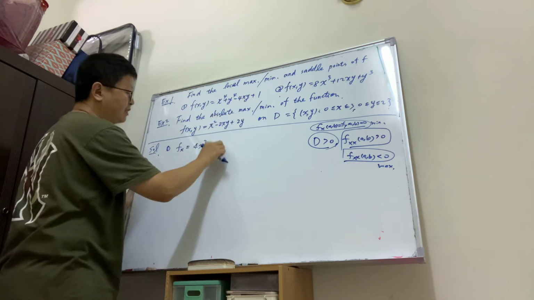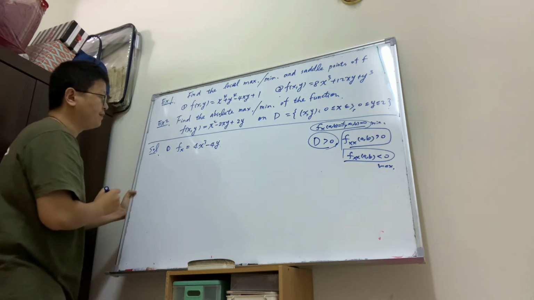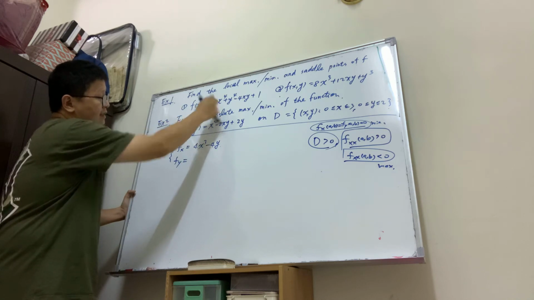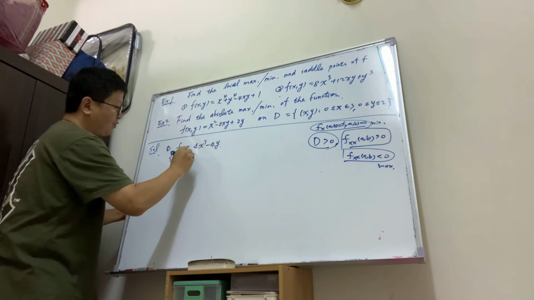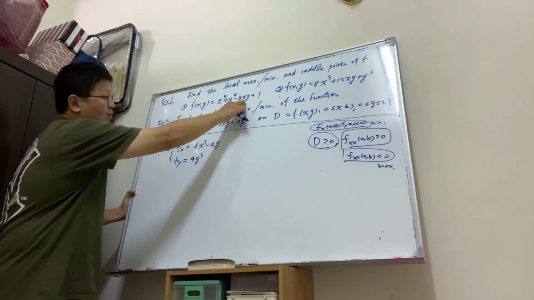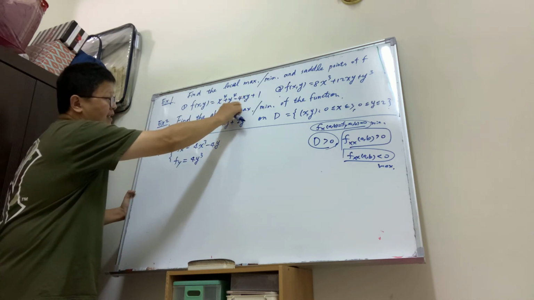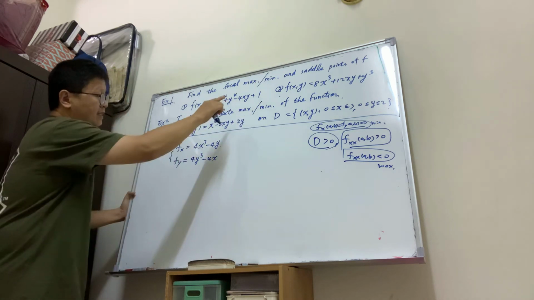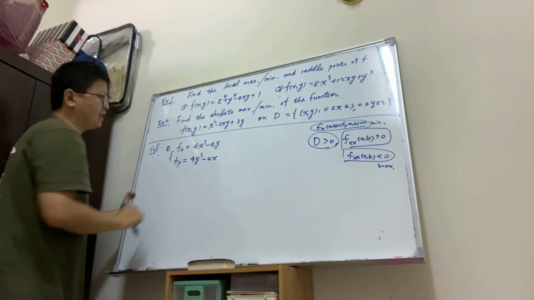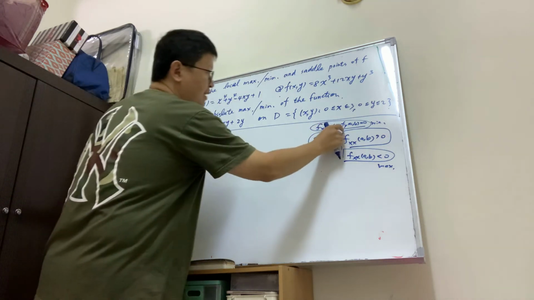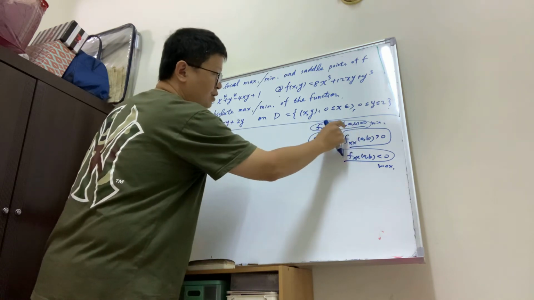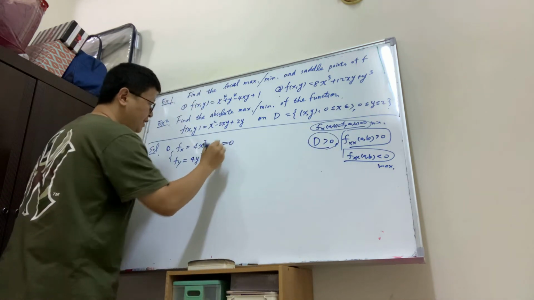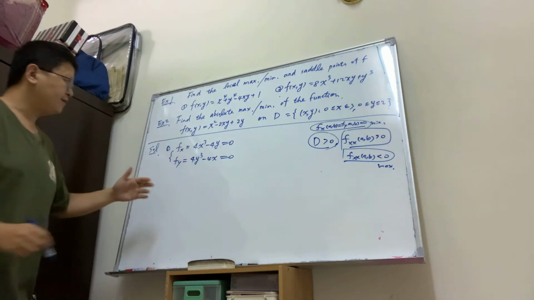And f_y: x is constant so its derivative is 0, and this time we get 4y cubed, and the derivative of y is 1 multiplied by negative 4x, so subtract 4x. We should consider the point (a, b) such that both equations hold, both equal to 0. So you should let both be 0.